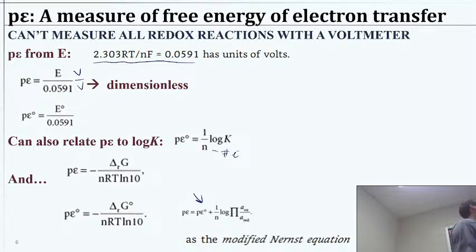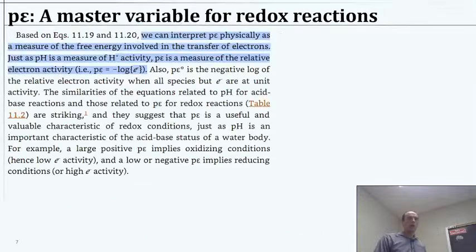Okay, so we can get a PE value as a p-form of the electrical potential, or the reduction potential. Now physically, I just put this block of text here because I thought it was pretty handy.